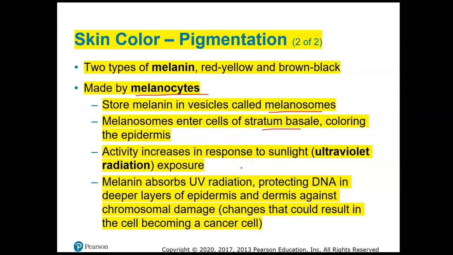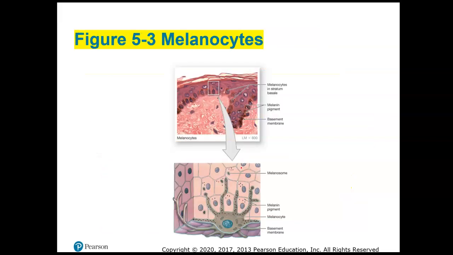Now, the activity of melanocytes increases in response to exposure to ultraviolet light, and the purpose for that is because the melanin protects us from UV light. Okay, so here, this is a melanocyte.